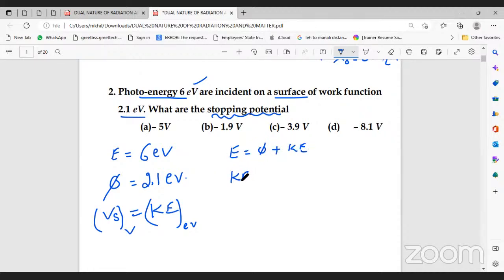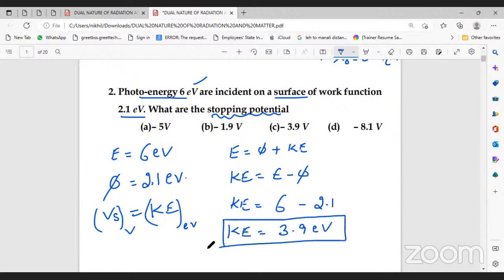So kinetic energy is total energy minus work function. Total energy is 6, work function is 2.1, so kinetic energy is 3.9 electron volt.